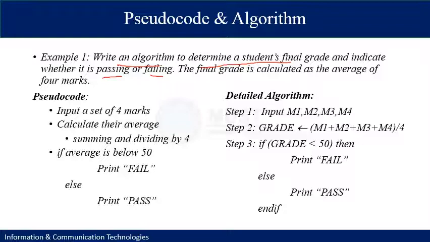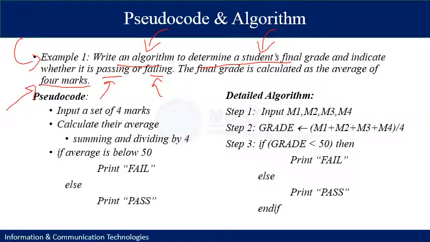The first step is to divide the problem into a sequence of steps, and as you can see, our description of the algorithm in the English language helps us to decompose the problem into small subsets. At first, we have to write an algorithm. What we want to determine is the student's final grade and indicate whether it is passing or failing. So here are two more conditions. Now we have to understand how to calculate this, and the next statement shows us that the final grade is calculated as the average of 4 marks.